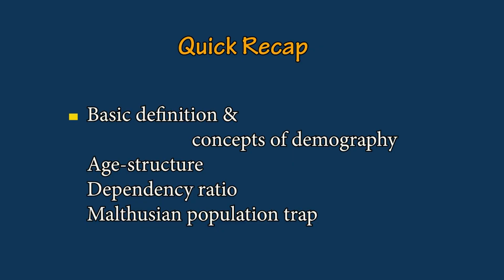In this unit, we have discussed basic definitional issues such as birth rate, death rate, total fertility rate, etc. Initially, we also discussed the interrelationships between development and demography: why development and underdevelopment matter, and how demographic issues are related to these things.